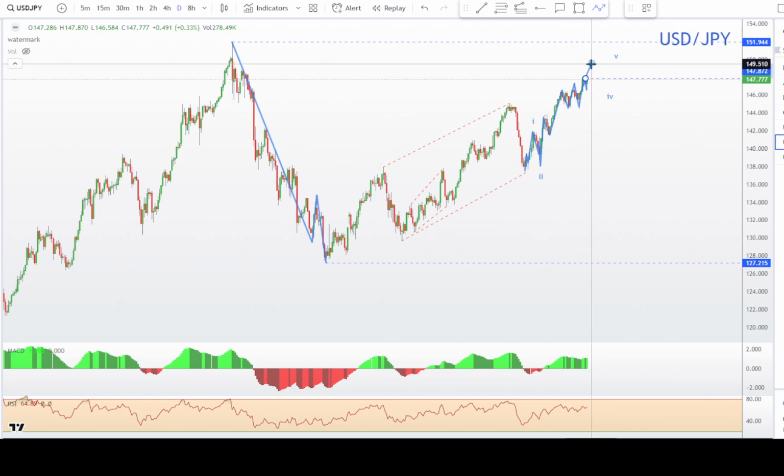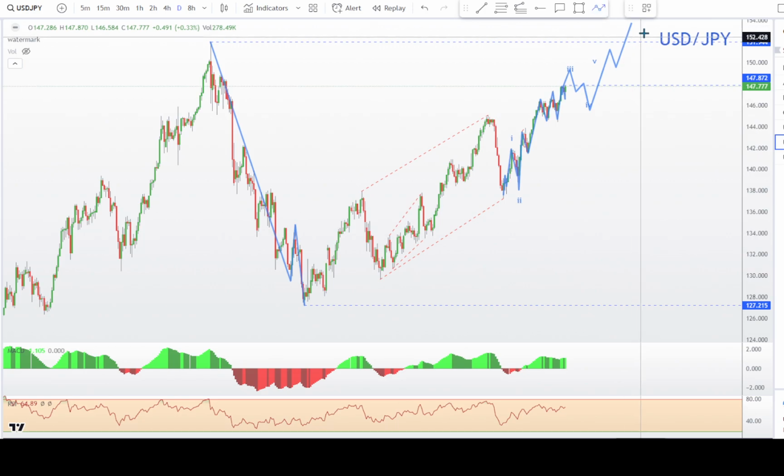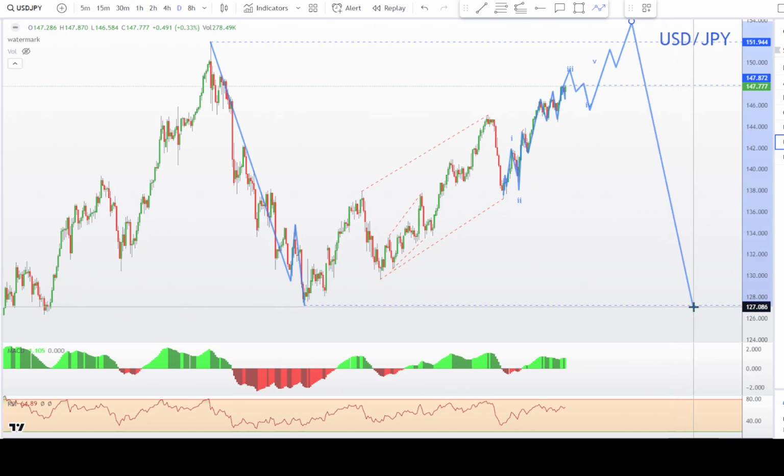Because like I said, I don't see that this third wave is even in yet. So they could be pushing that up. Then they're going to give you a bigger correction for 4, but then still give you one more wave up for 5. But then you're still going to get a big C wave down, either impulsively or diagonally, but it won't necessarily have to come and break that.